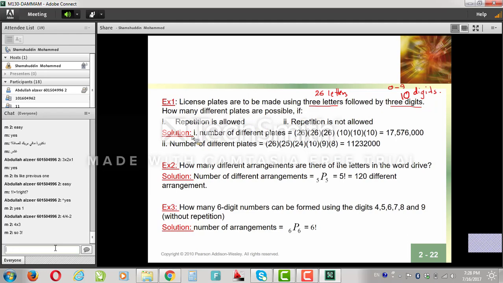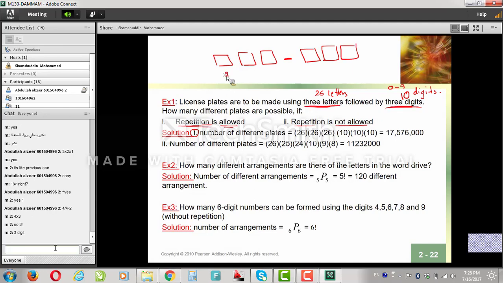How many different plates are possible if repetition is allowed? If I'm allowing repetition, I'm talking about 3 letters followed by 3 digits, right?